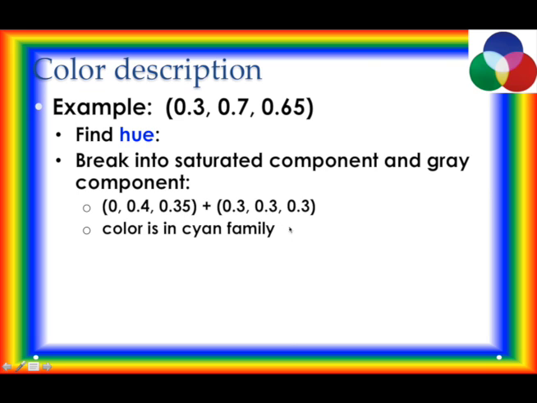Okay, so our color is now broken into a gray, which tells us more about the intensity of the color, and a green and blue component. So if there's green and blue, it must be cyan. And so that's just one example. Your worksheet and your homework ask you to try other examples like this. So do come and talk to me about working out these examples if this doesn't make sense.